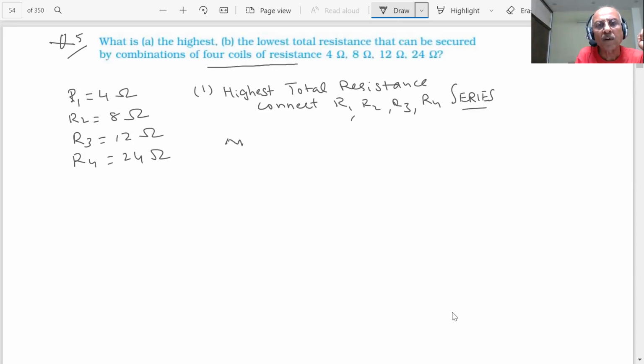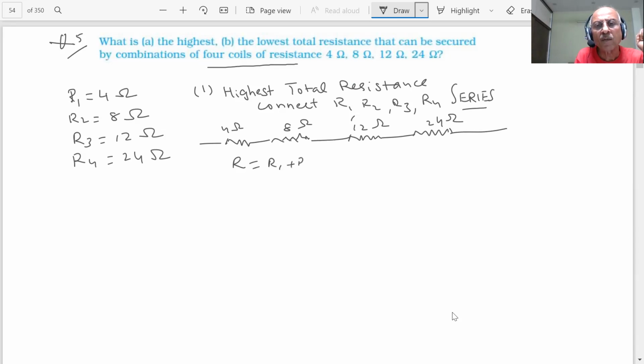This is my 4 ohms, 8 ohms, 12 ohms, and 24. What will be the effective resistance?